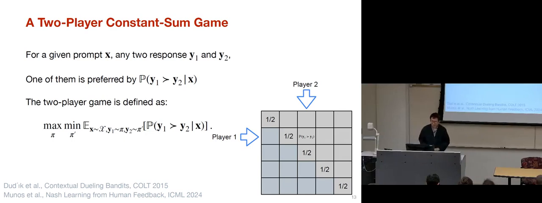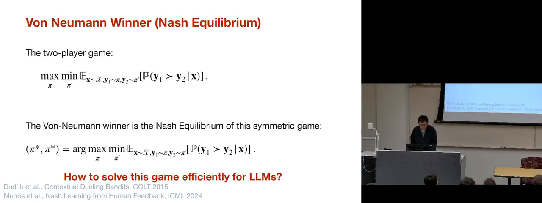So you can see that the max player is trying to maximize this preference probability, and the min player is trying to minimize this preference probability. And this actually gives you a two-player constant-sum game, because you can define the reward for the max player as this probability, and define the reward for the min player as 1 minus this probability. And when you add these two together, it equals 1.